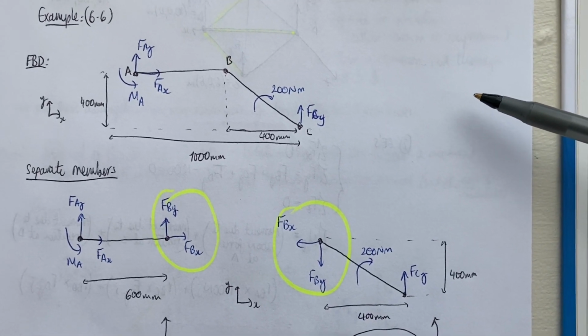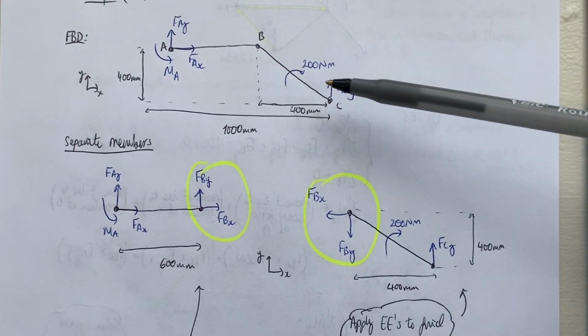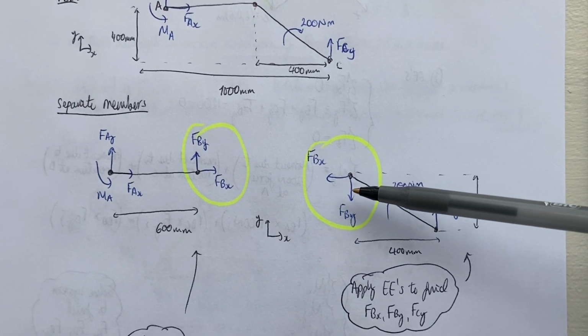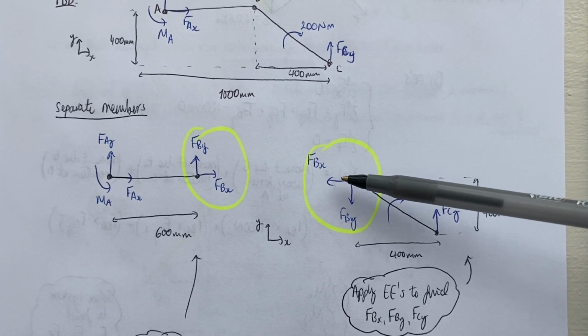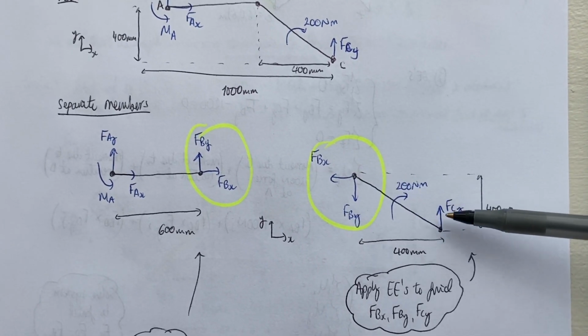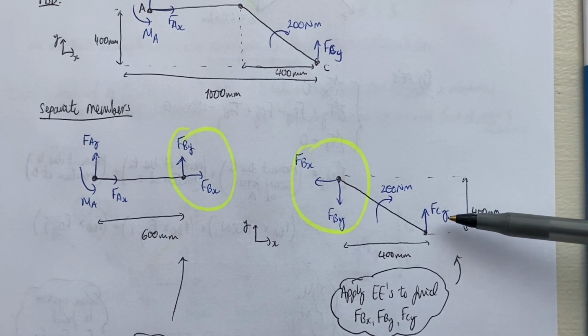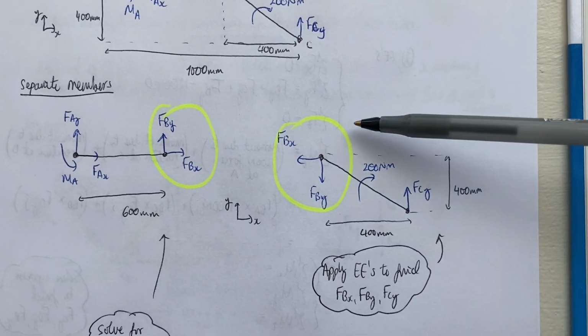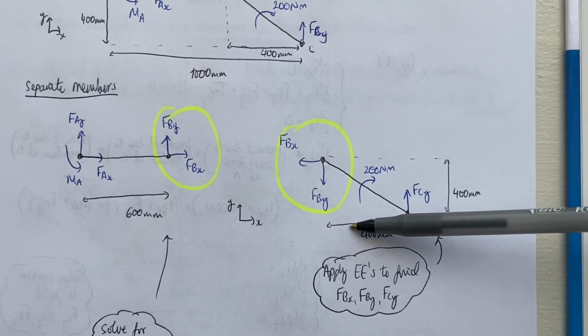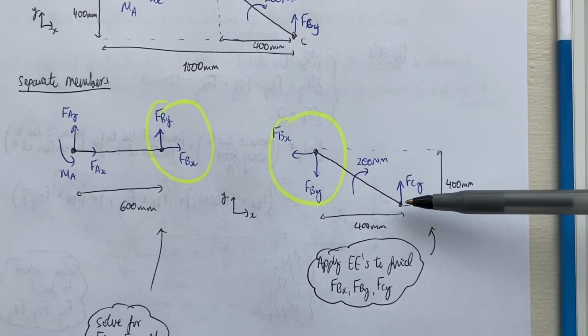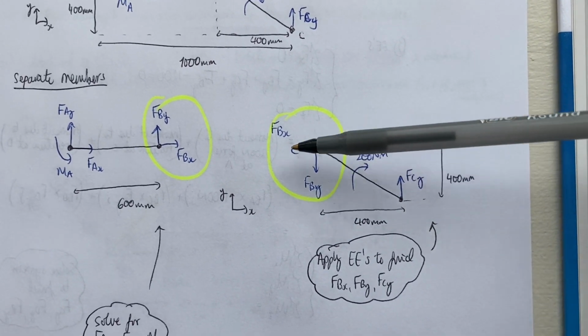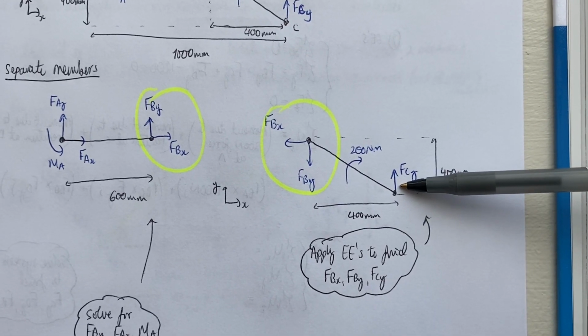So now what I have is, for member BC, only three unknowns, right? I have the reactions at B and the reaction due to the roller support at C. So I can solve this side first, right? I can apply 3 equilibrium equations over here to solve for these 3 unknowns.